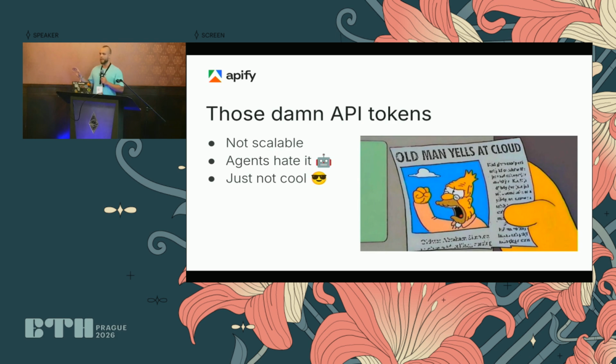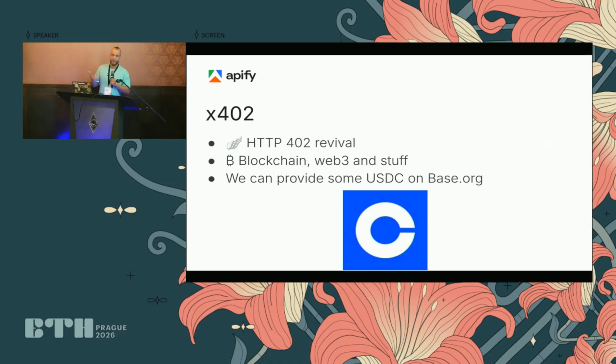So let's skip the API tokens and let me introduce you to x402. It's not actually new. They revived the 402 HTTP status code. It is a status code that was introduced in the HTTP 1.1 RFC.